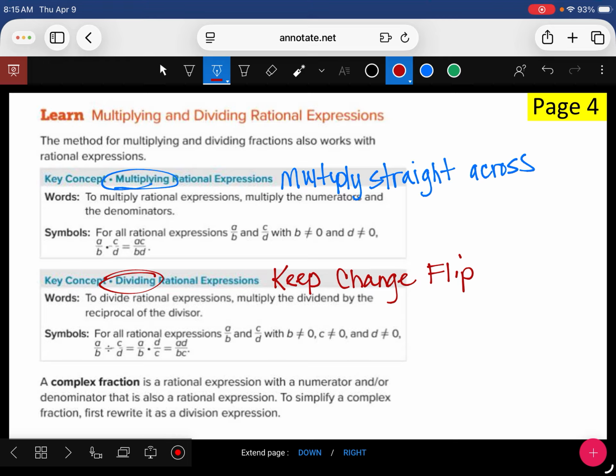So we keep, change, flip for division, and we go straight across for multiplication. And when we do our keep, change, flip, we're actually changing division to multiplication.